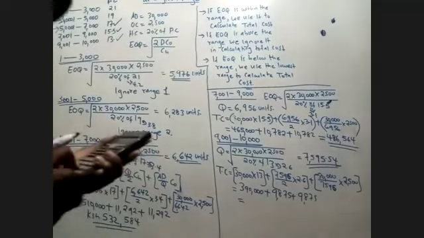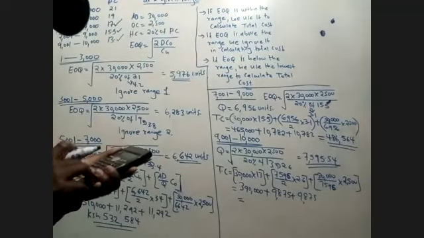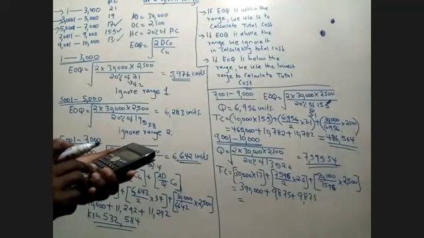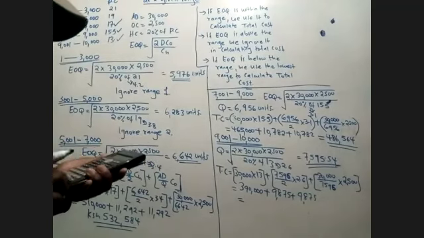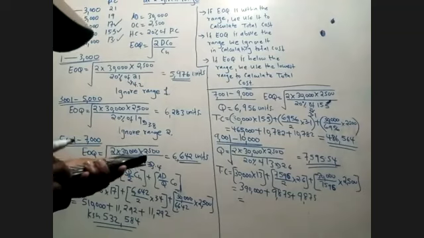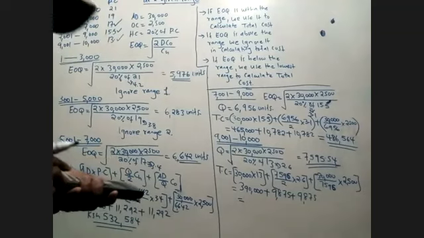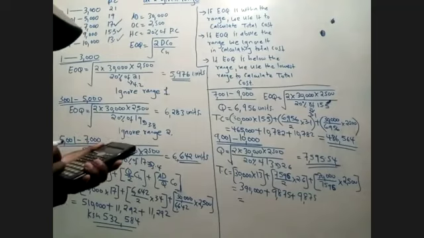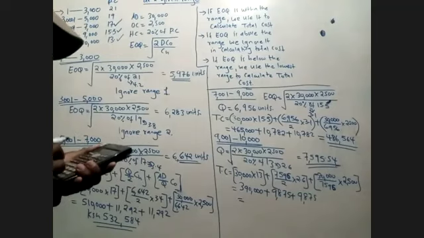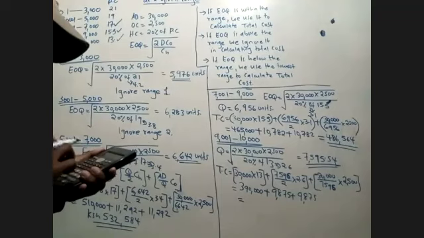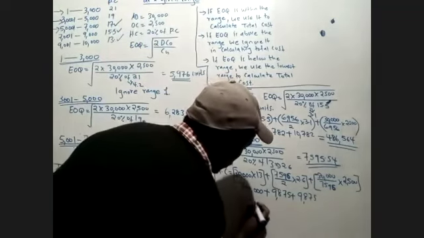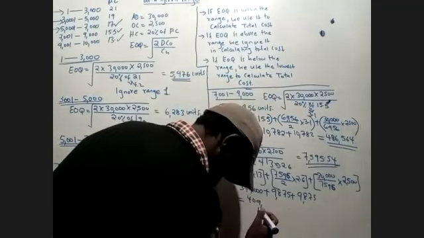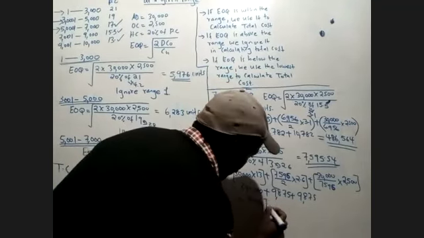Now you take the 390,000 plus 9,875 plus 9,875. This one is 409,750.